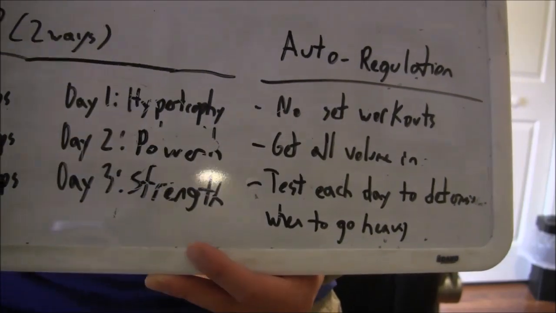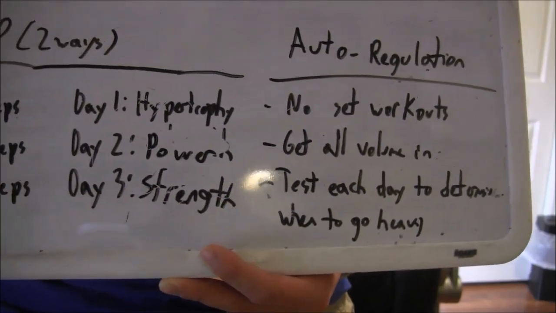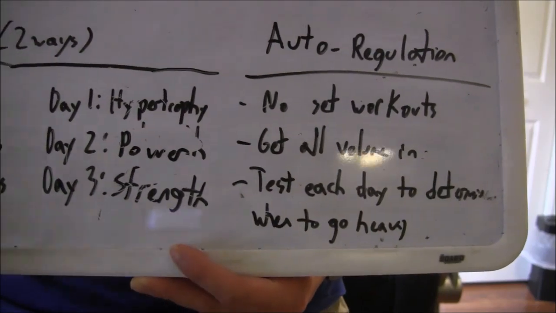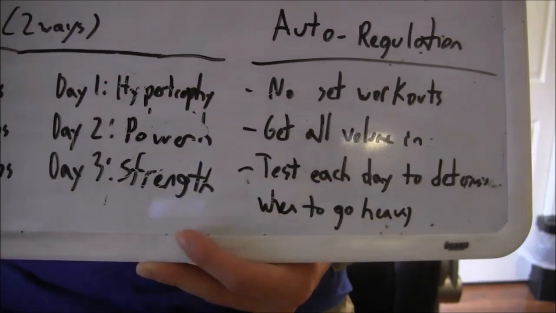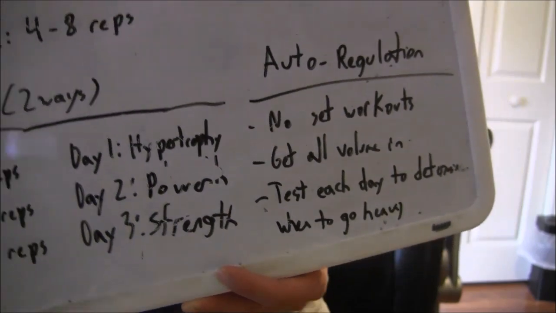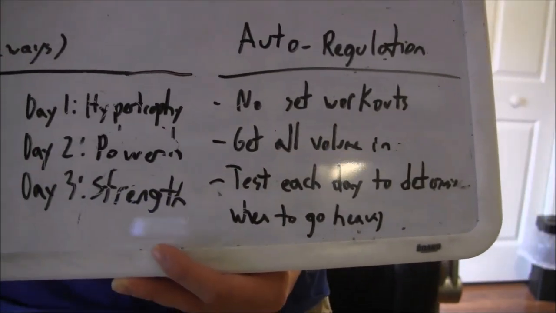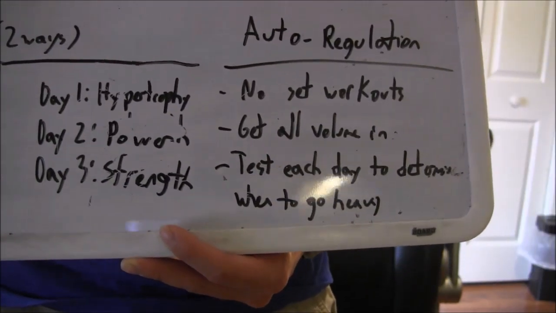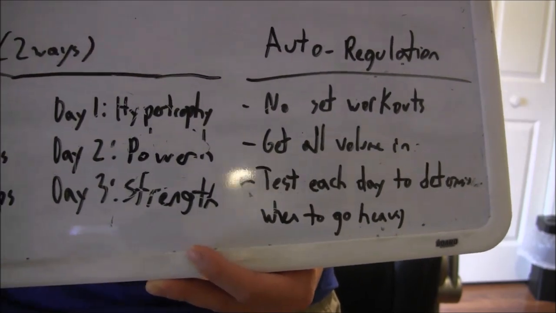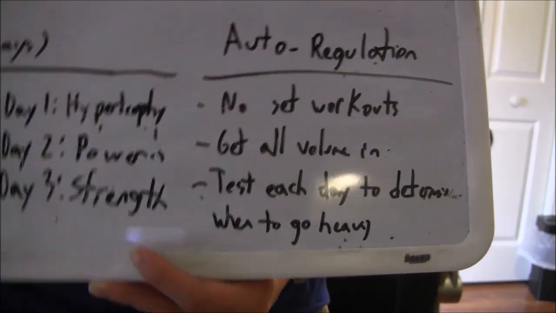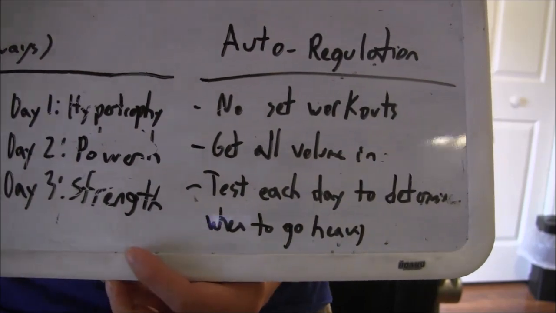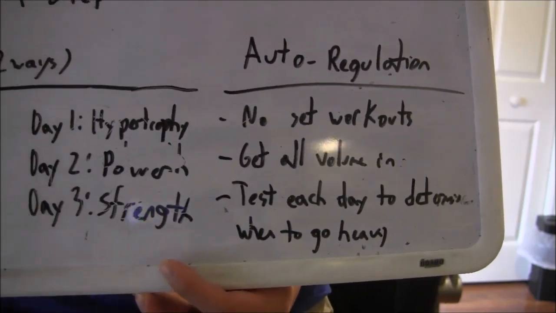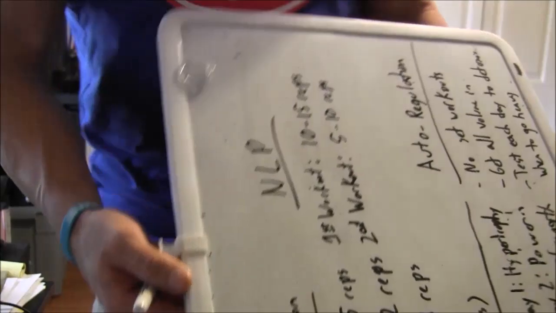On days you feel better, you do more weight and more volume, because you're testing it and auto-regulating it. I really only recommend that for advanced lifters, because even I have difficulty pulling my ego out of it and saying, what can I really do today? Not what do I want to do today, but what can I really do today? So that's kind of an example of those different rep ranges.